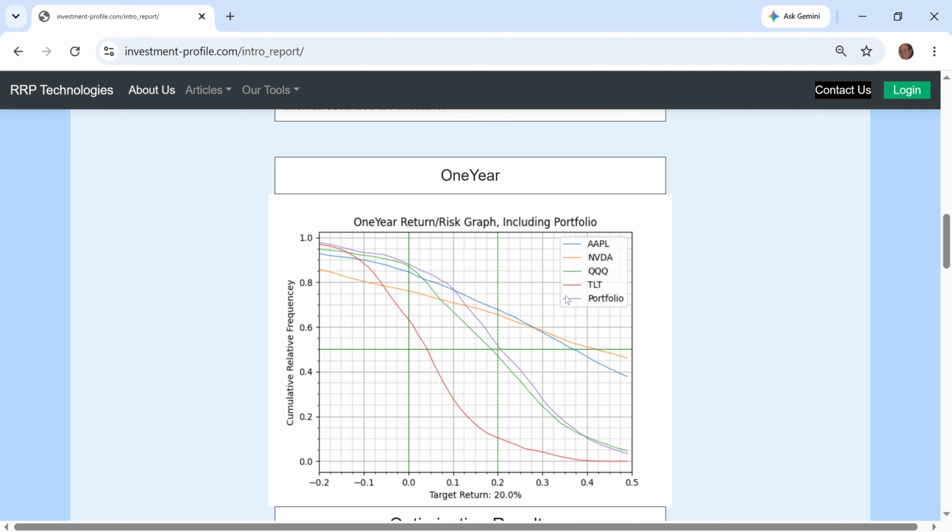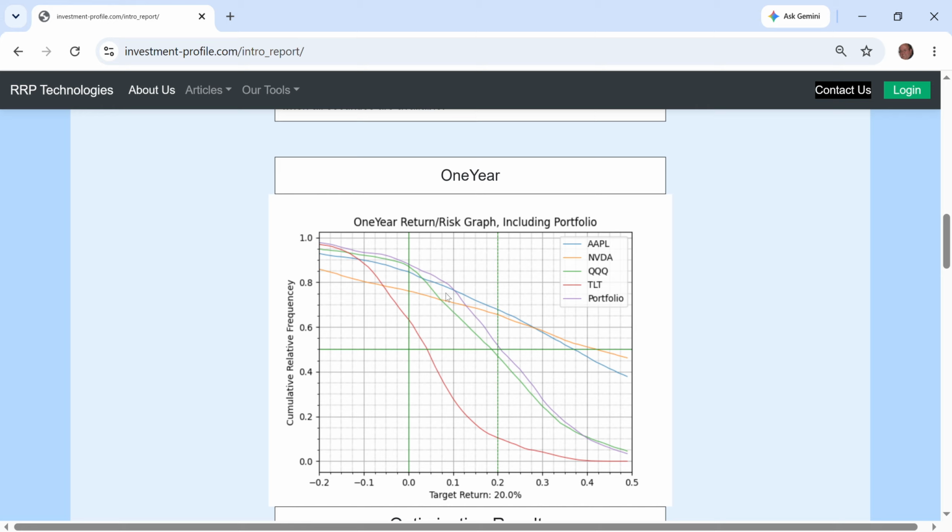The optimal portfolio is represented by this purple curve. What we're looking at here is, well, you could call it an upside down cumulative distribution graph.